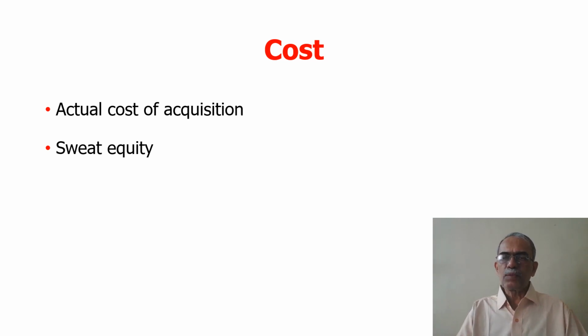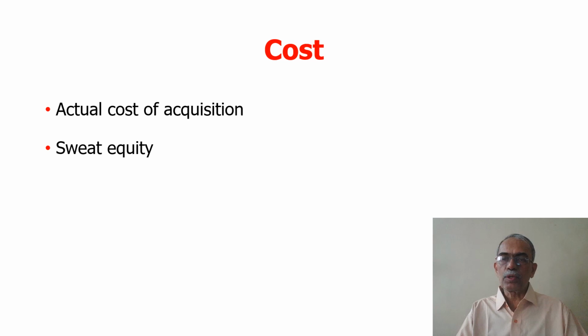This is an equity issued by a company to its employee for any special work done by the employee. To give you an example, suppose a company has got a patent in respect of any product, and its R&D department has worked exclusively to get this patent.